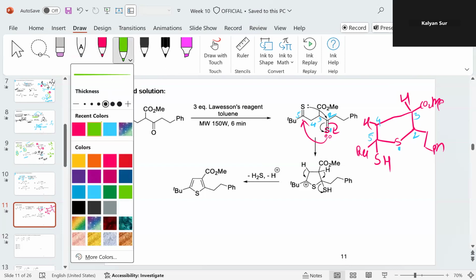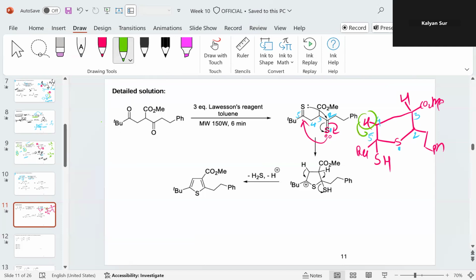Next, obviously in the same manner, the proton leads to the formation of this H2S removal, and here also this proton is acidic. Here there was the positive charge because the sulfur has attacked. So this will be eliminated and it will form the double bond.